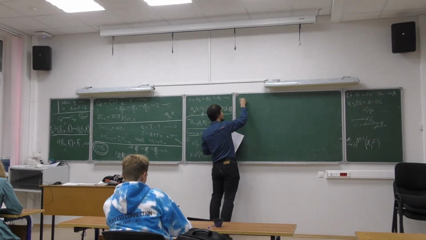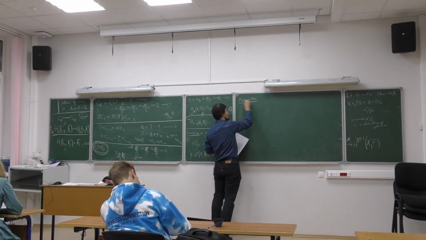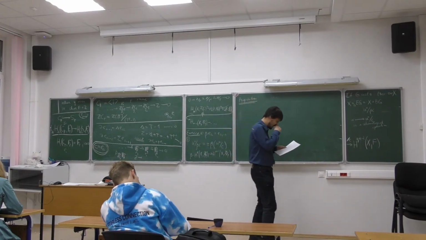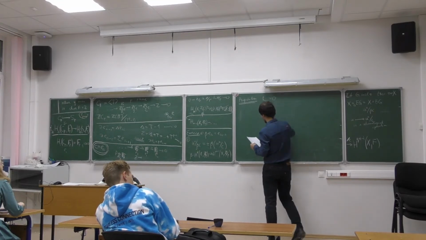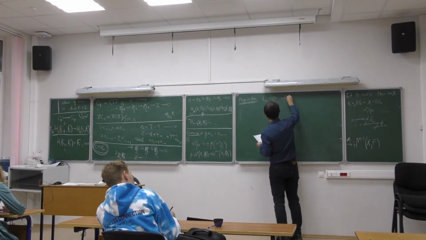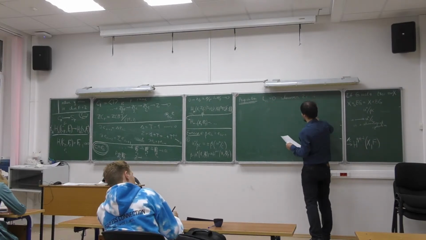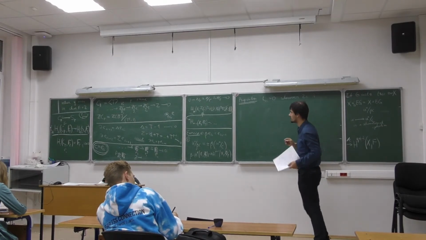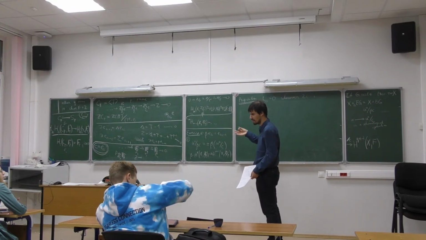Proposition. This homomorphism H_{2i} is trivial whenever 2i is not... There are two cases here. p can be 2 or p can be an odd prime.